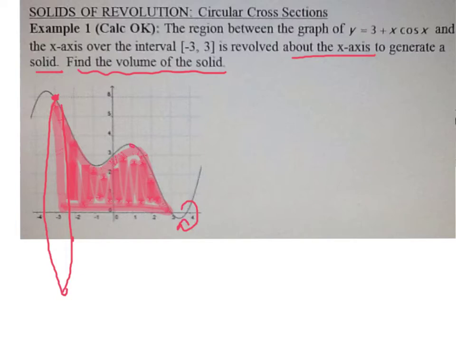Some of you are like, what is she doing? I'm just trying to show that this thing is going to form a whole bunch of circles. The idea is that this shape that's being formed looks something kind of like that.